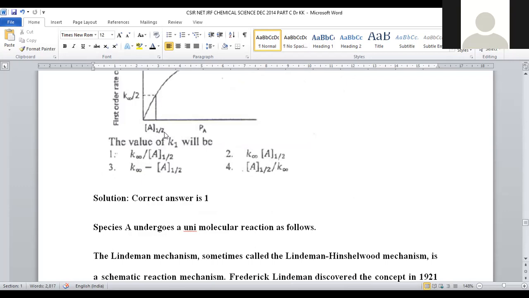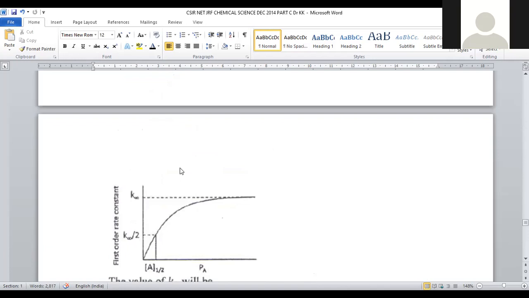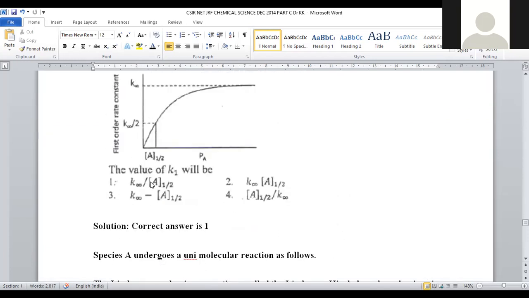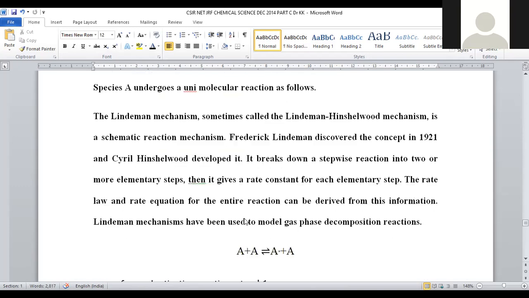That means the concentration of A will be halved, because within the problem they mentioned we are taking the pressure concentration of this starting material as half, right? If we take this ratio, that value is equal to k1. This is in accordance with the Lindemann-Hinshelwood mechanism. So for question number 122, option number 1 will be the correct answer.